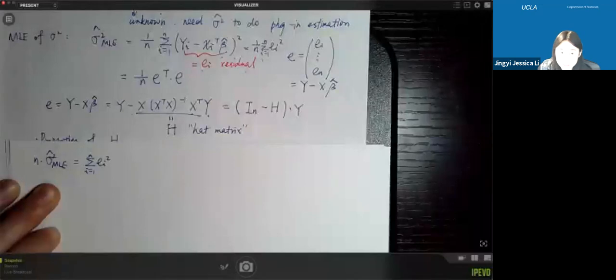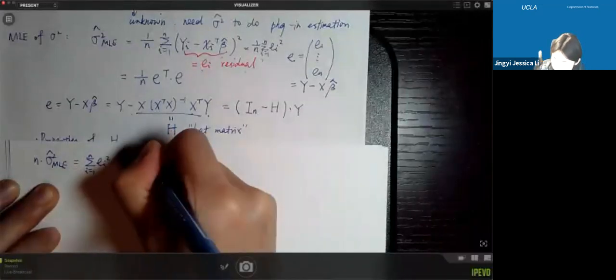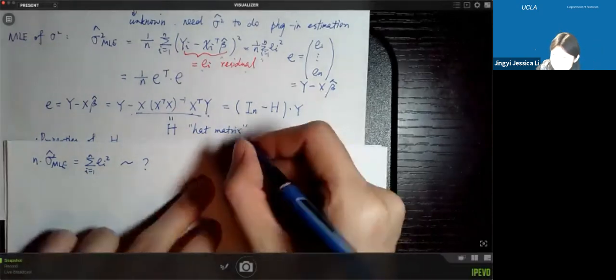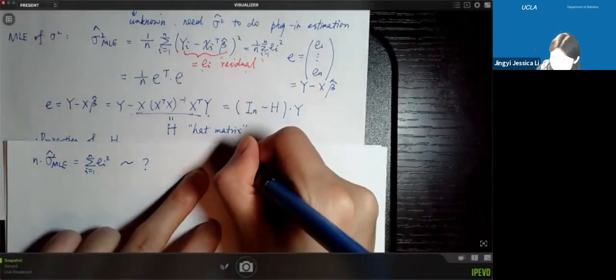But what's its distribution? One thing we know is that the sum of independent squared standard normal variables follows the chi-square distribution. Let me just use the epsilon_i's as an example.